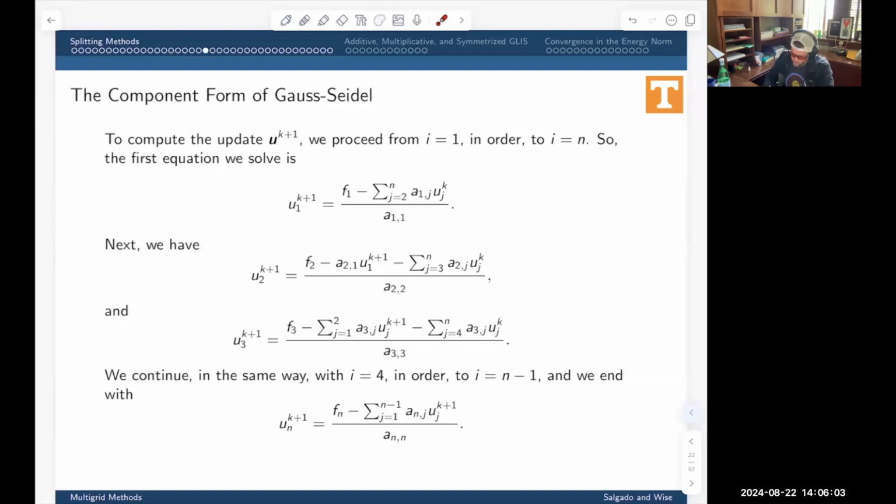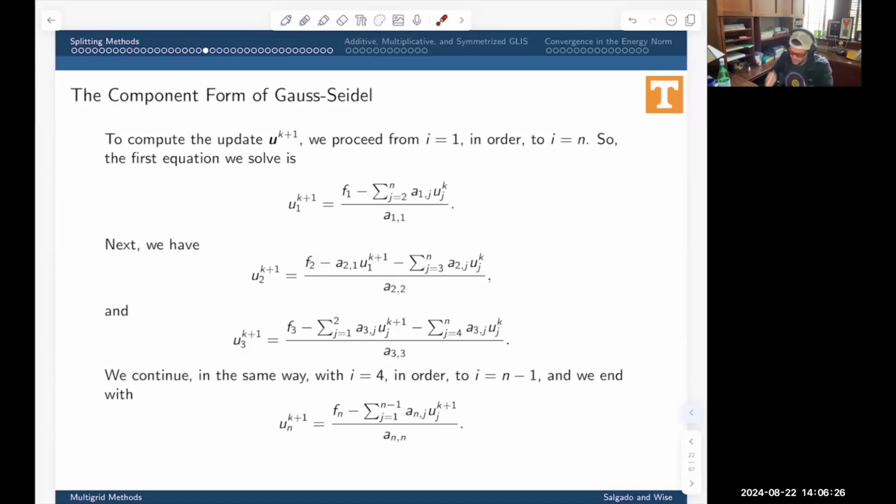So I'm using 1 and 2 there, and these guys here are still the previous guys, which are known to me because I computed them previously, and I can get U3. And now I can do U4 and U5 and so on, all the way up to I equals N.